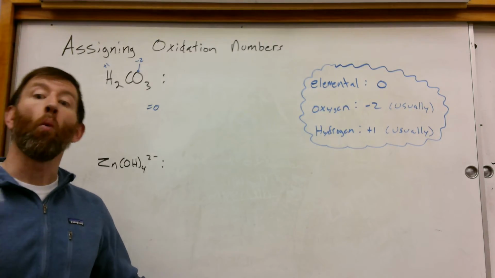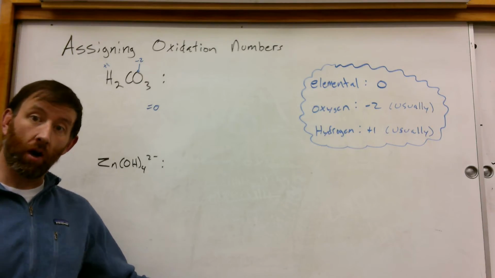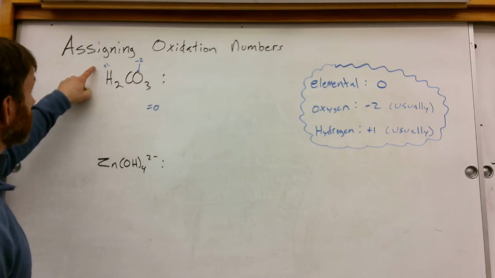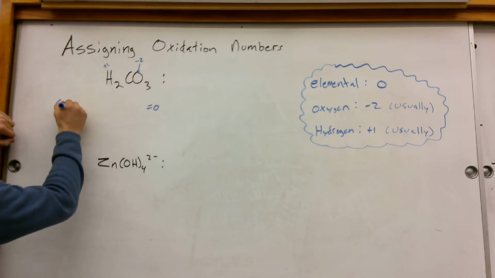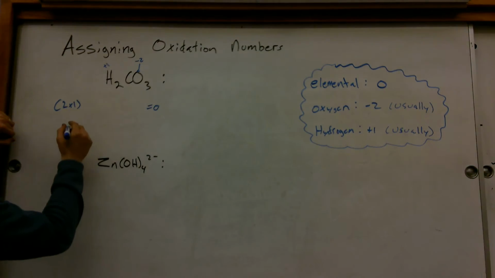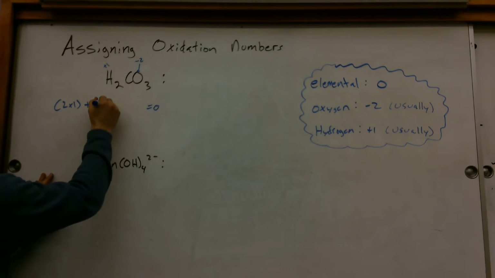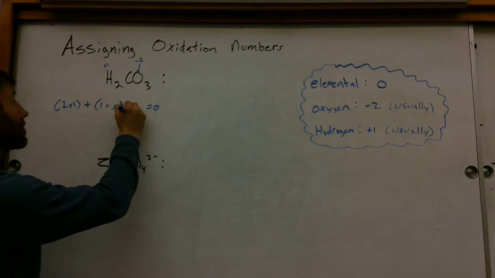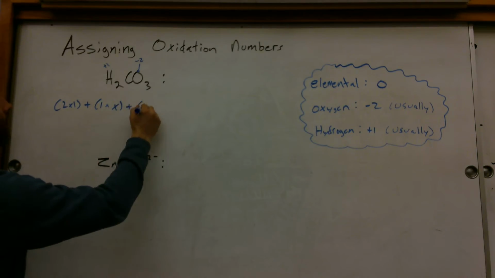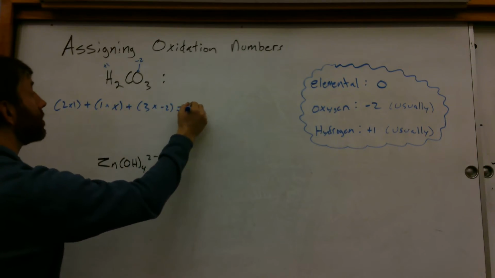Now, when I do that, I have to also account for the subscripts. With my hydrogens, for example, I have two hydrogens, each at a +1. I'm going to say 2 times 1, plus one carbon, 1 times x, plus 3 times -2 equals 0.